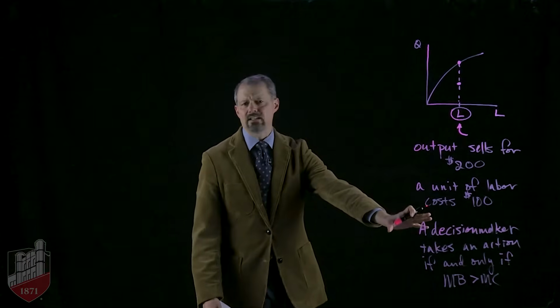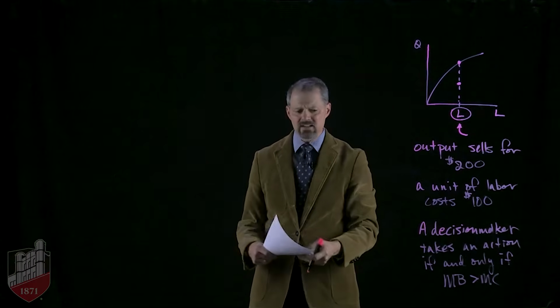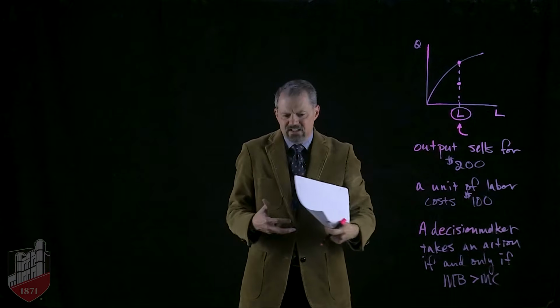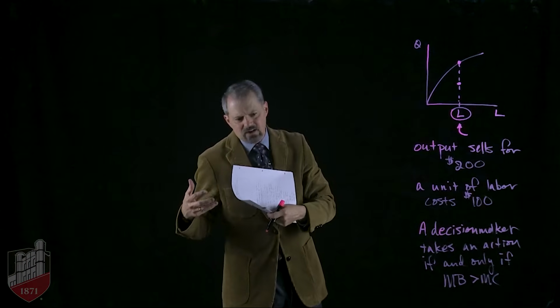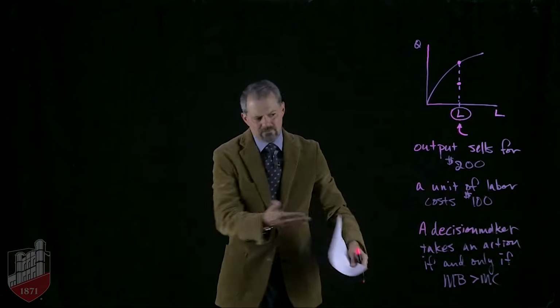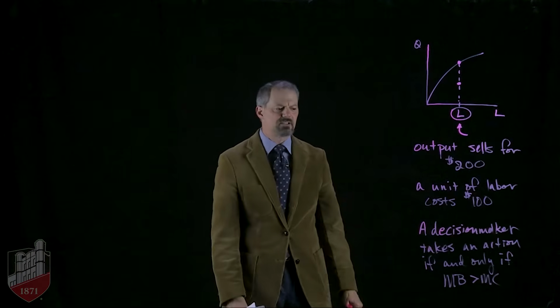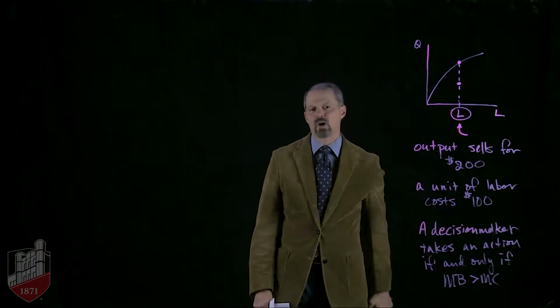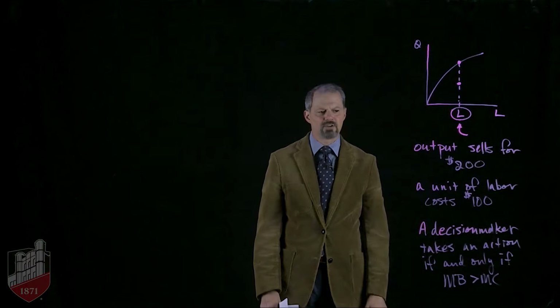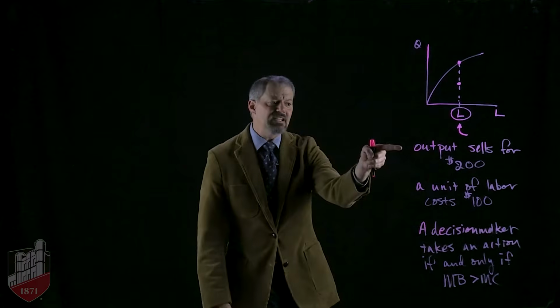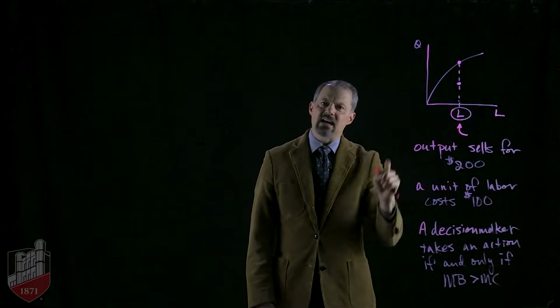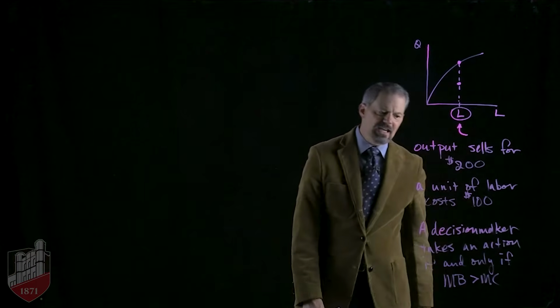This is something I say over and over. In fact, it wouldn't surprise me if a previous video in this group of videos, I might have already told you this. I will tell it to you again. A decision maker takes an action if and only if marginal benefit is greater than marginal cost. Well, if we're thinking about taking this action, should I hire another unit of labor?